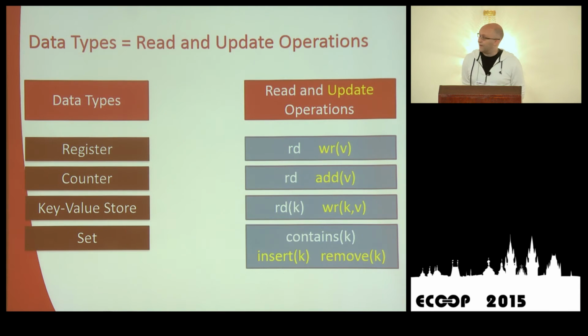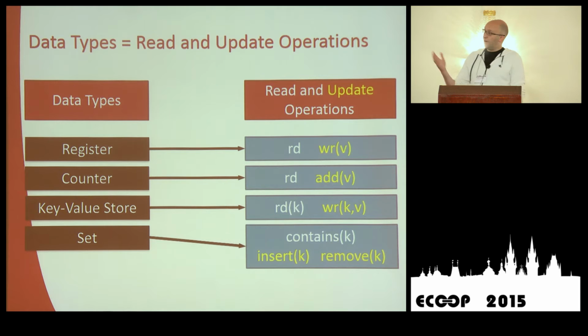So everything is like a data type. We could have what we call a register, which is basically like a memory location where you just have read and write operations. But we could also have counters where you have read and add operations instead of writing, or key value stores or sets, and I'll give many more examples of those.